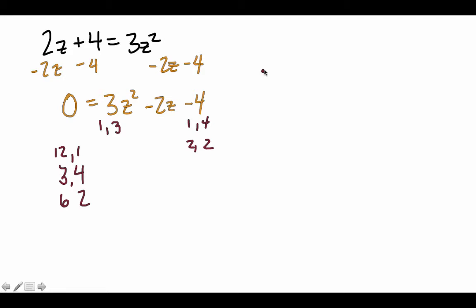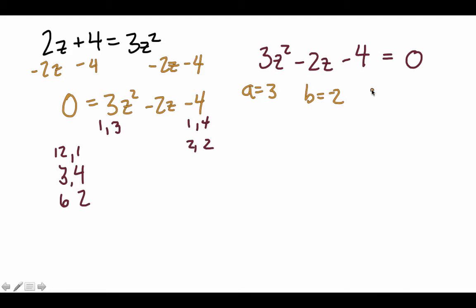The quadratic formula says if you have 3z squared minus 2z minus 4 equals 0, write down your variables. This is what I want you to do. I want you to write a equals 3, b equals negative 2, c equals negative 4, and then I want you to write this formula down.